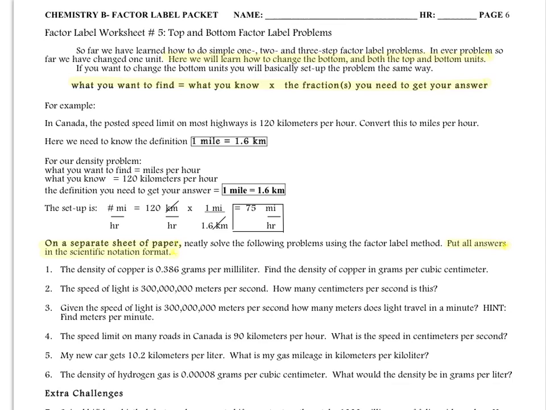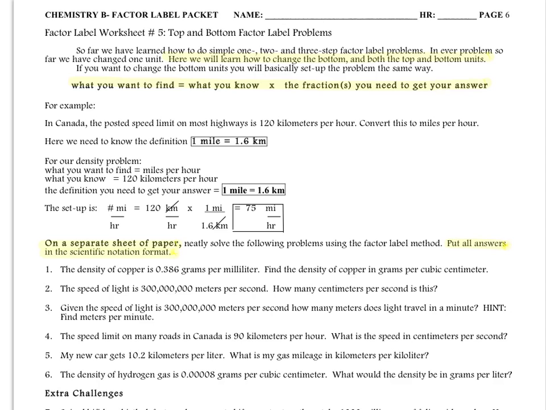So far we have learned what are considered simple factor label problems. Whether they were 1, 2, or 3 steps, that many fractions that you were setting up, in every problem we just changed one unit. But in this worksheet we are going to learn how to change both the top and bottom units.